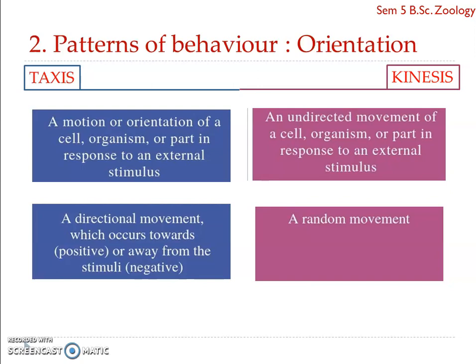Okay. Now, in taxis, there is directional movement which occurs towards or away from the stimuli, while in kinesis, it is non-directional, it is a random movement, and the intensity of the stimulus is more important in kinesis. Okay, so this is all about taxis and kinesis, the two types of orientation. Okay.